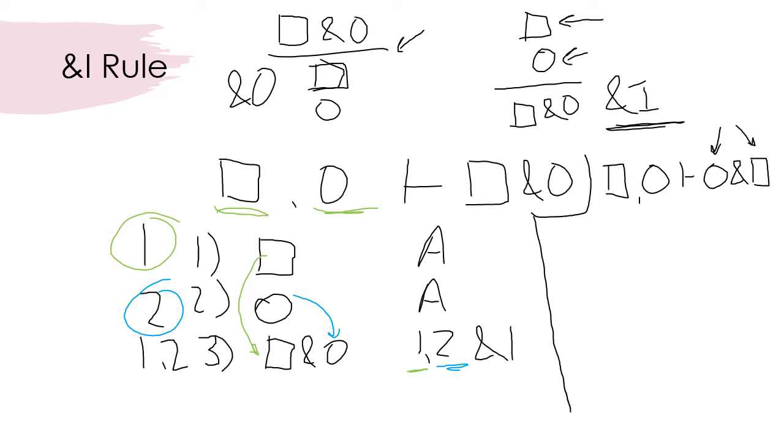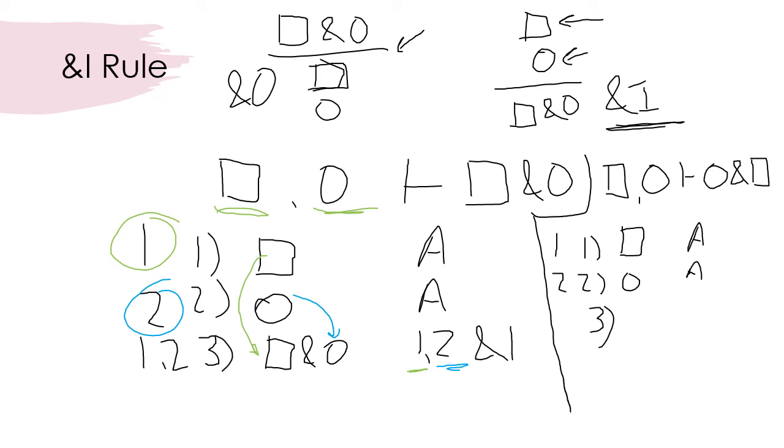So with our ampersand rule, it doesn't matter how the conjuncts appear in the actual proof. So say if we were to do this, same thing as before, square, circle, assumption, assumption, square appears on line 1, so it gets a 1 next to it, circle appears on line 2, gets a 2 next to it, so line 3.